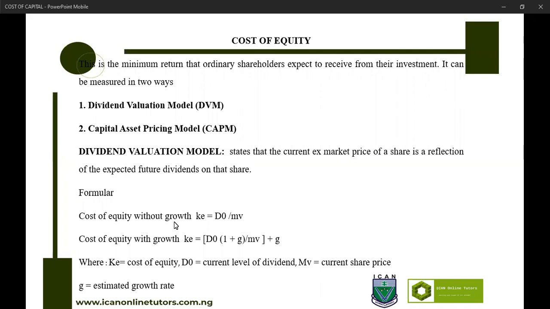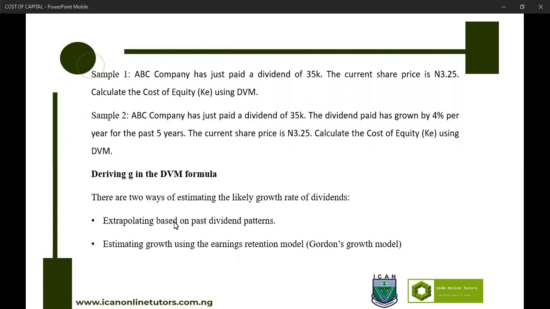So in a situation when we are given the market value of equity to be cumulative of dividend, that means we need to deduct the current dividend from the cumulative market value of equity. That is one.